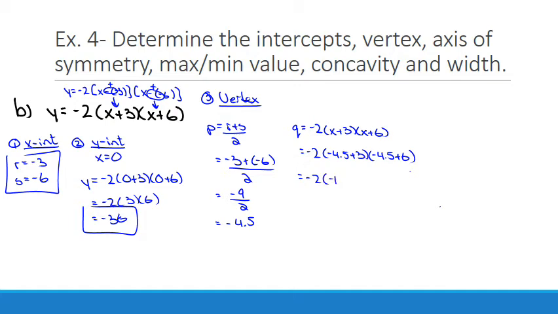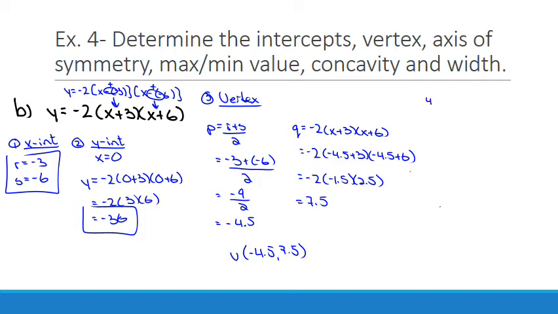Okay, so just going through, doing this. Sorry, my pen kind of quit working there for a second. That's 7.5, so my vertex is negative 4.5 and 7.5. So hopefully you can keep that straight. Again, that's not too bad, I hope.